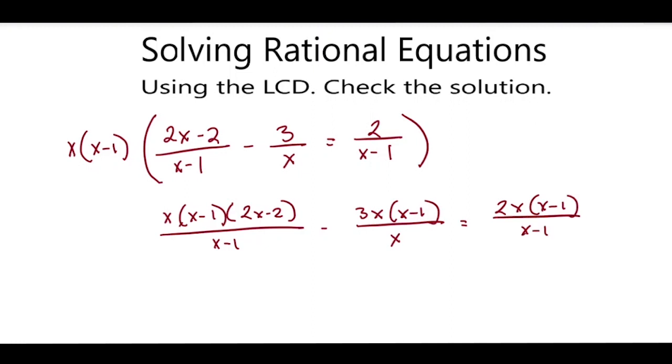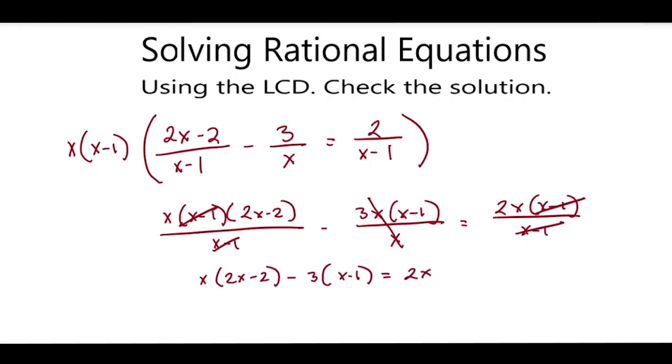So I can cancel my x minus 1 here, I can cancel these x's, and I can cancel these x minus 1's, leaving me with x times 2x minus 2 minus 3 times x minus 1 equals 2x.